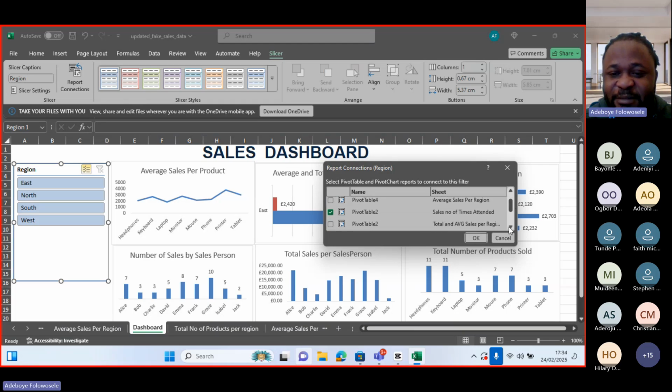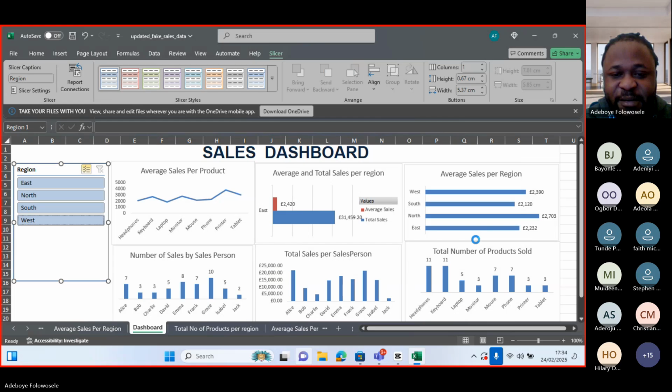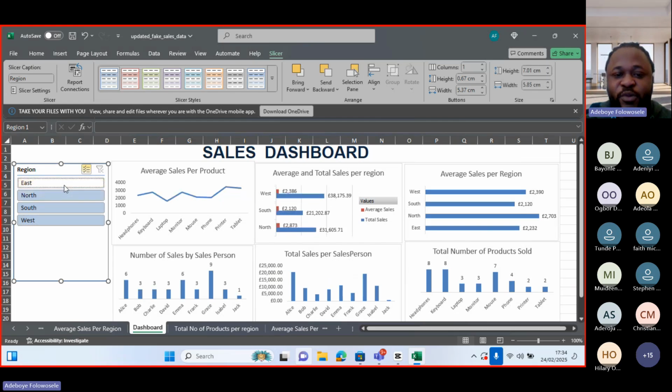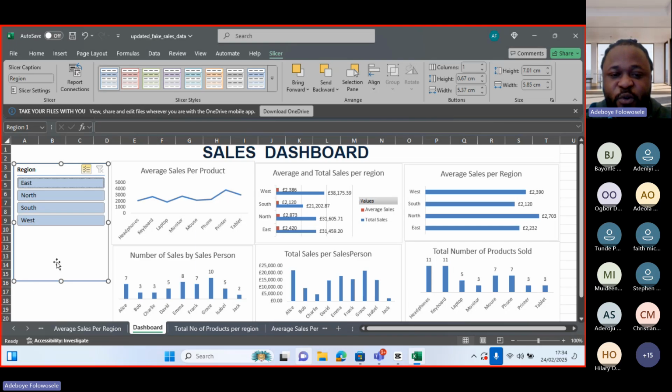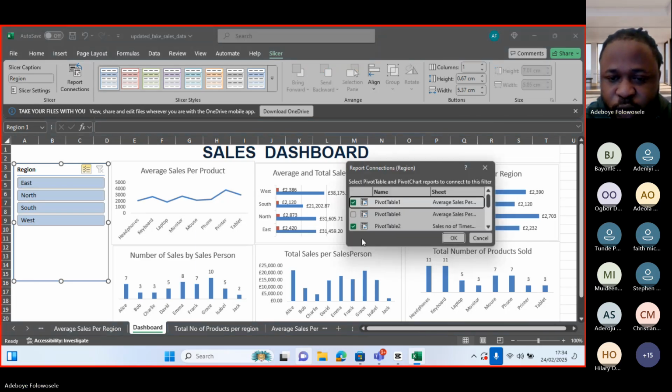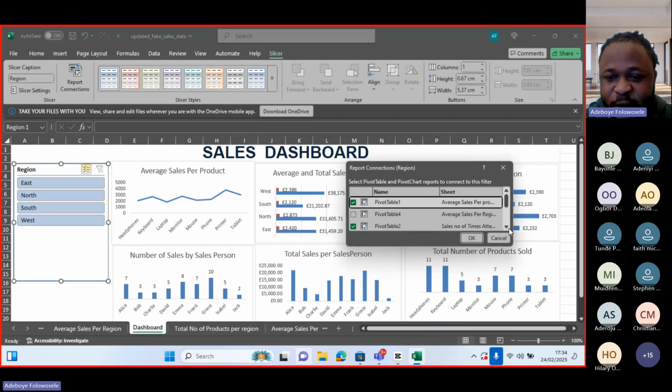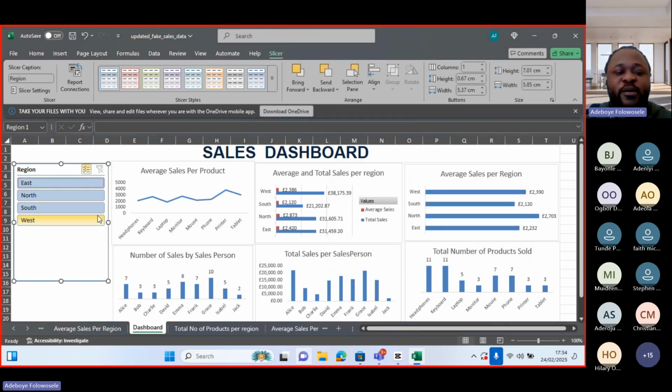so that we can have it. Now you can see it's communicating, so they are interacting. So let me go back to report connection now and say that I don't want it to interact with it. So that's okay now.